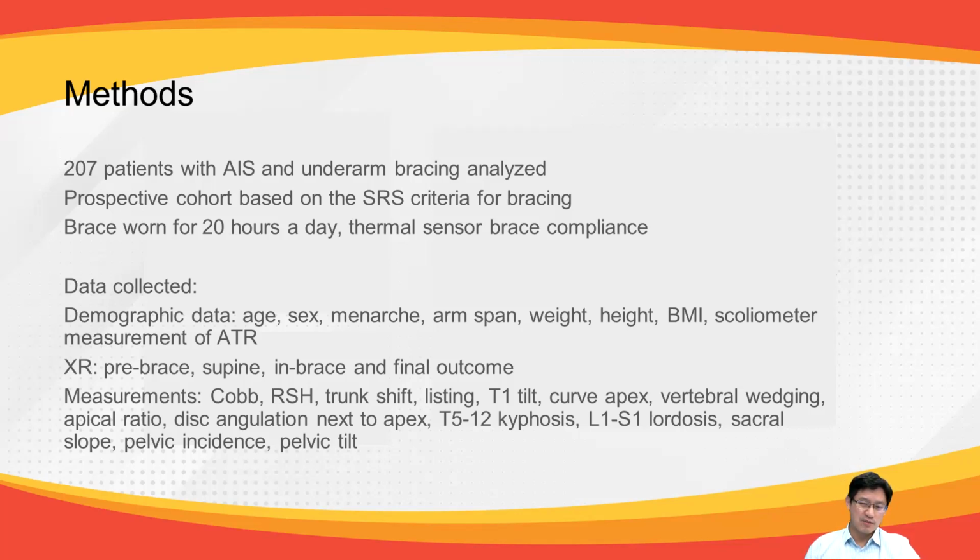We used the outcome as to whether a patient is at weaning or whether they underwent surgery with curve progression. For X-ray measurements, various assessments were done on the coronal plane: coronal Cobb, shoulder height, trunk shift, listing, T1 tilt, various apical ratios, wedging, disc angulation, and also the sagittal plane alignments.